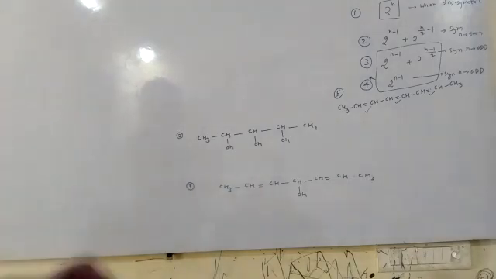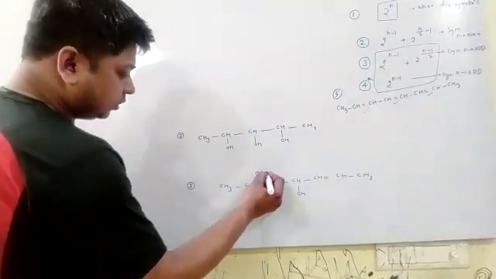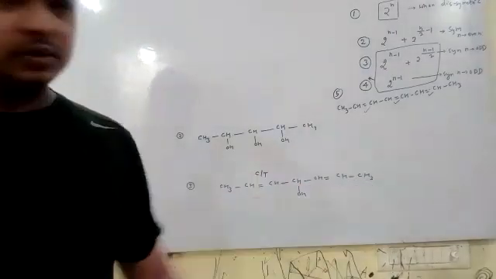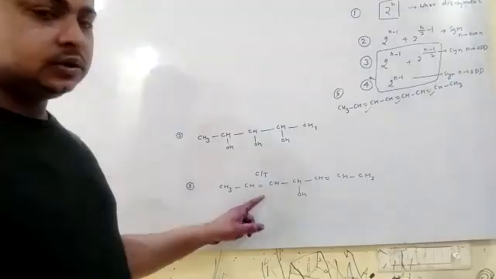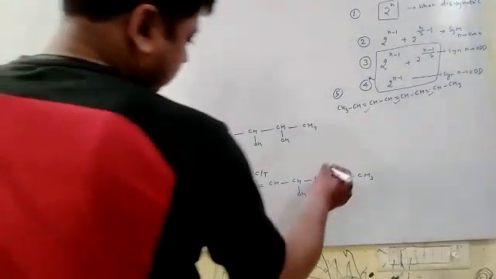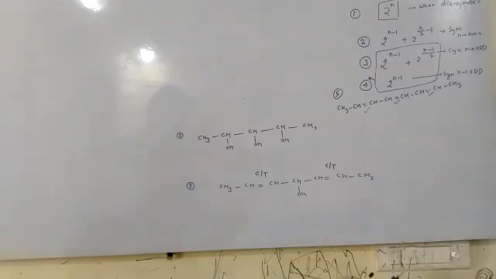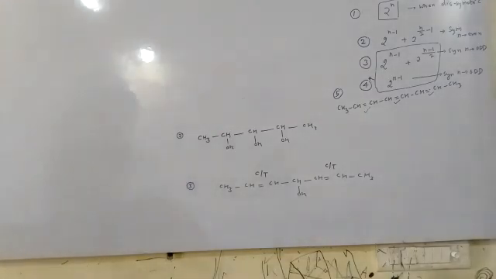Just listen carefully. Now, this will always show cis and trans, irrespective of the structure of this group. Yes or no? Because this pi bond is always showing geometrical isomerism, irrespective of the arrangement or structure of any other part.